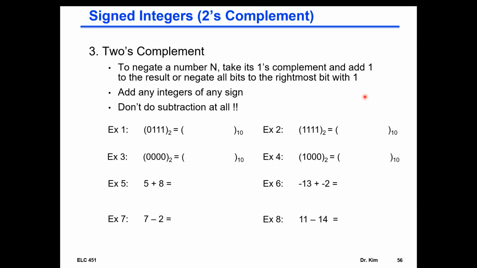So this is the 2's complement, and essentially what we do is we take the 1's complement and we add 1 to it. Now the nice thing that this format has is not only that the zeros are consistent, but also when you add a negative number to a positive number, you are effectively doing subtraction.